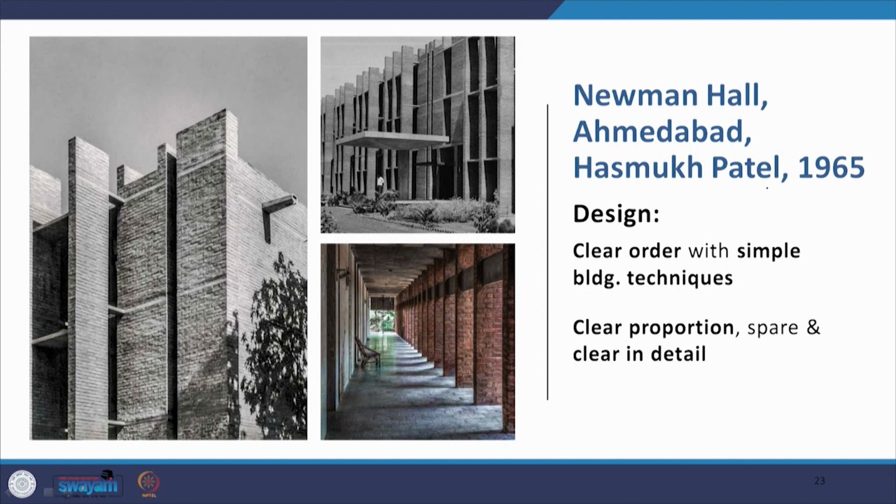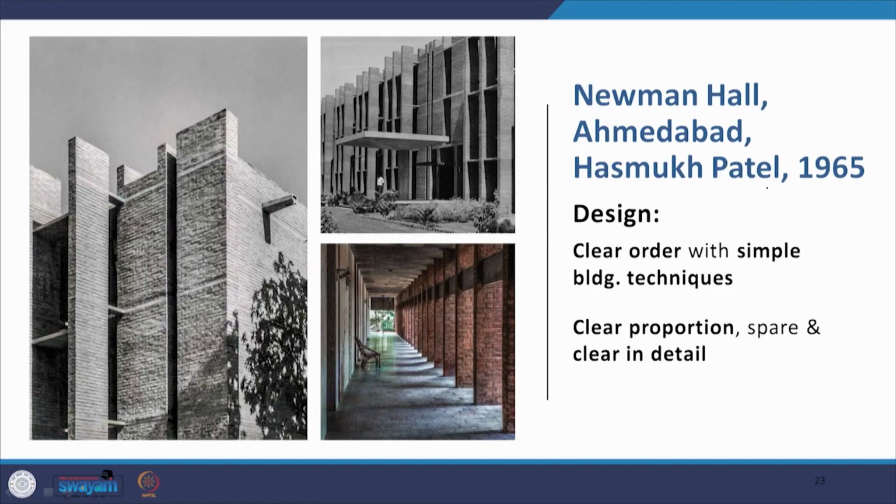As you can see, we are moving forward by around 10 years to come to this work, whereas when we were talking of Charles Correa, we were talking around 1955-58. So, here we have a very clear order with very simple building technique, and this has got a very clear proportion.